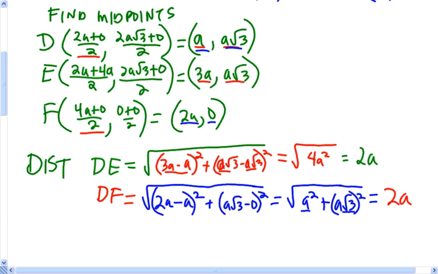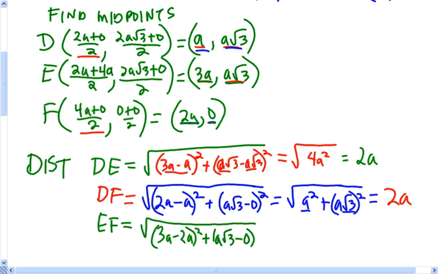The last one to do is EF. EF is equal to, E and F, that would be that one and that one. So 3a minus 2a, squared, plus, and subtract our y-coordinates, that would be square root of 3 minus 0, squared.